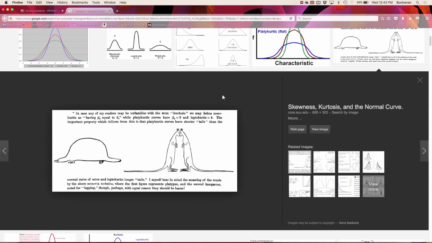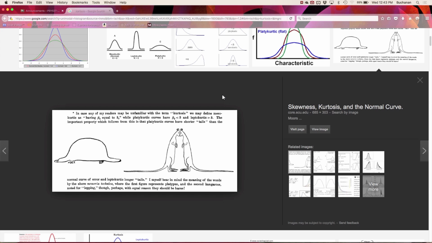A leptokurtic distribution, like I said, you don't have to know this, is the kangaroo one, because it has really long tails. A platykurtic distribution is the platypus one. Platykurtic distributions are very flat, like a platypus. Leptokurtic distributions are very skinny. You're more likely to have the leptokurtic problem.